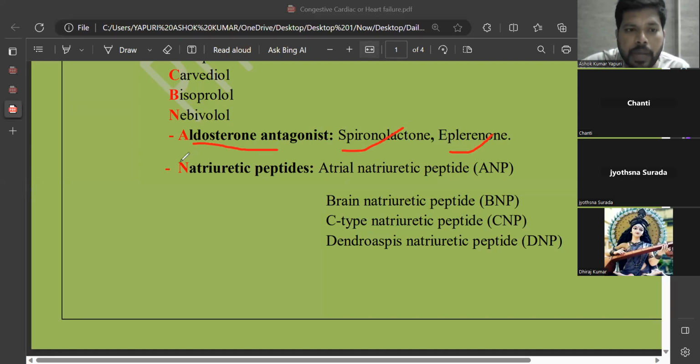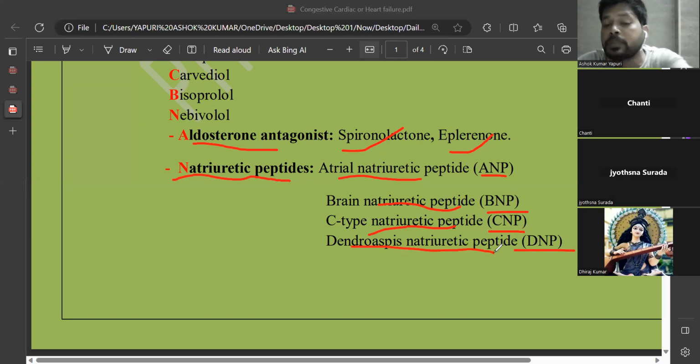And next, natriuretic peptides. These natriuretic peptides are naturally present in the body. The name itself indicates they promote natriuresis, increasing elimination of sodium. Based on that, ANP, atrial natriuretic peptide, BNP, brain natriuretic peptide, CNP, C type natriuretic peptide, DNP, dendroaspis natriuretic peptide.